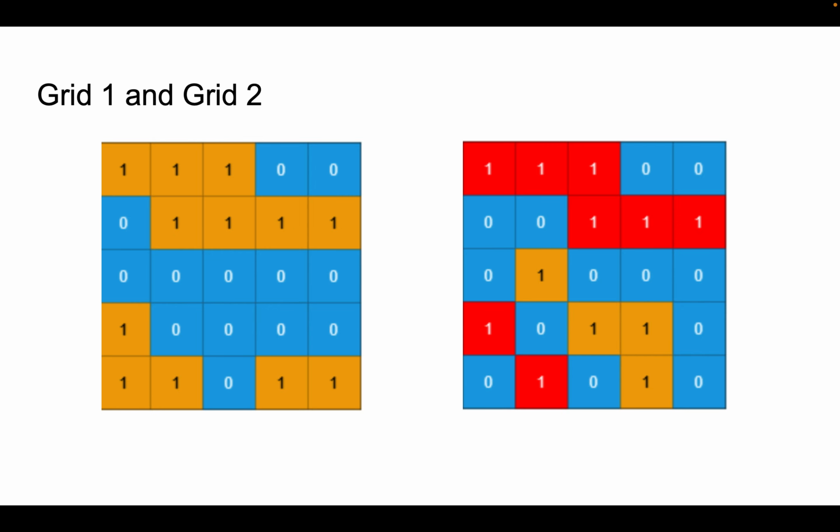The same can be said for the two islands at the bottom left in grid 2. Both of them are sub-islands of the island in the bottom left in grid 1. So in total there will be 3 sub-islands, and we return the answer 3.